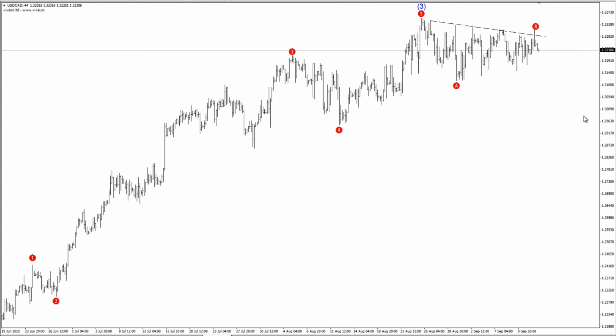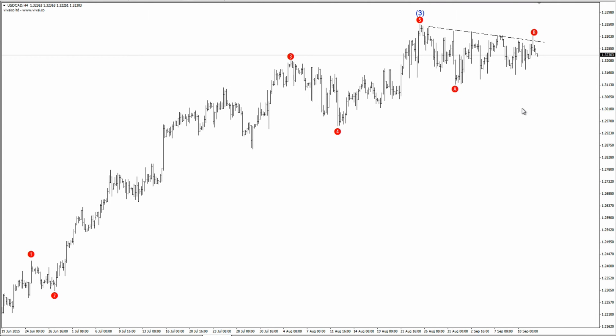Okay, finally we have US dollar Canadian, and during the weekend I also made some changes in this wave count.